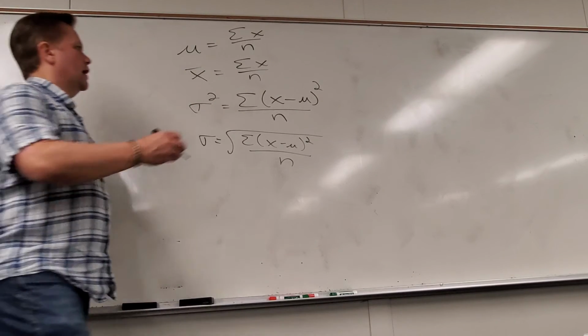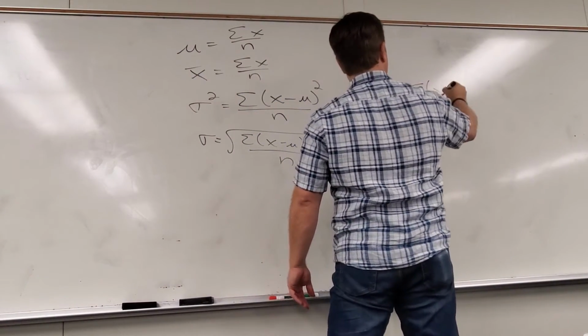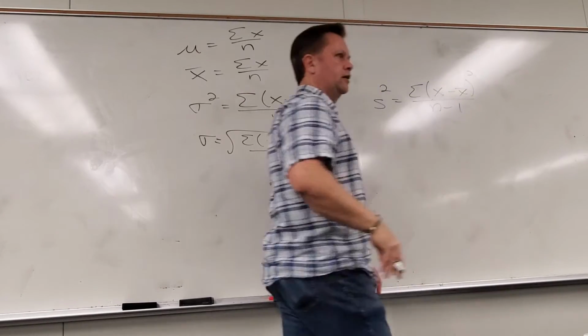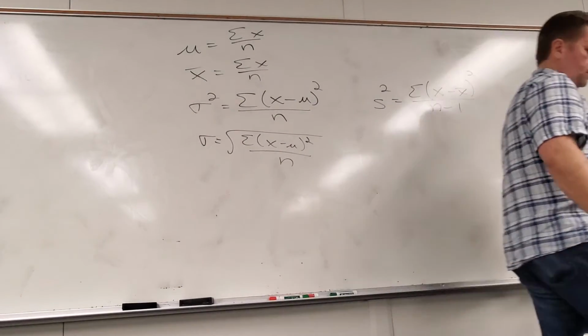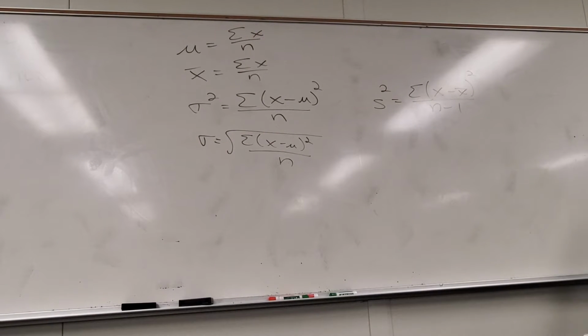And then you've got the one for samples. The big difference here is this one's divided by n minus 1.